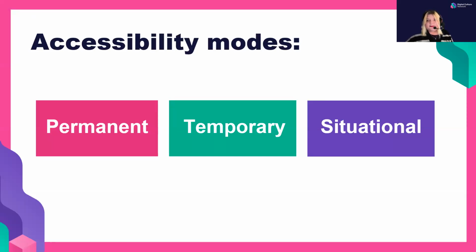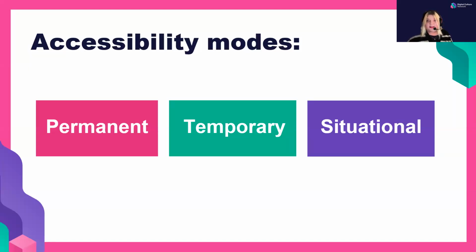It feels like there's a lot of different formats to cover, but really a simple way to break it down is to think about modes and barriers. Modes are things like permanent accessibility considerations that don't get better or eventually go away. Then there's temporary accessibility considerations that last for a finite period of time.